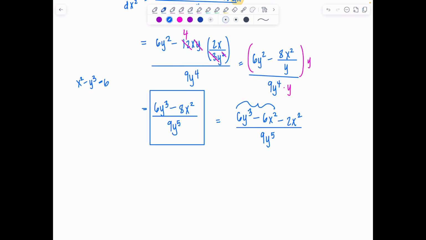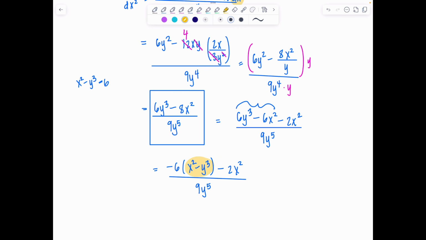If I take out negative 6, then I have x squared minus y cubed minus 2x squared over 9y to the 5th. And then what can I replace this x squared minus y cubed with? 6. Exactly, 6. So then this becomes negative 36 minus 2x squared over 9y to the 5th.